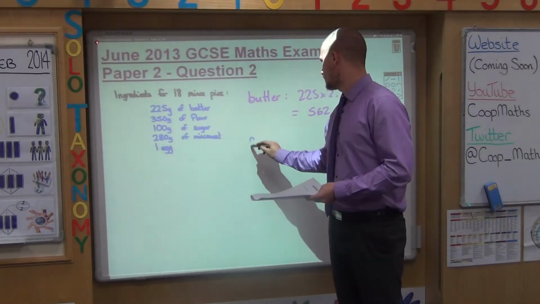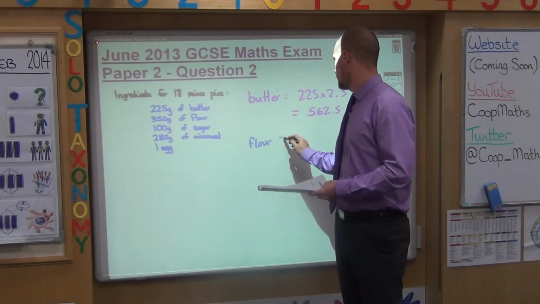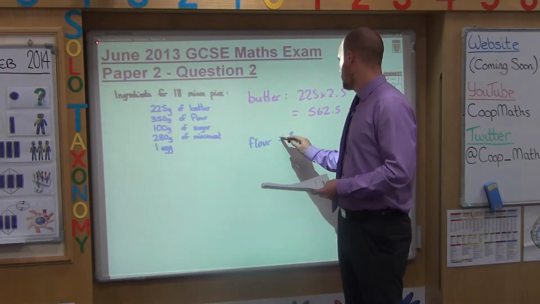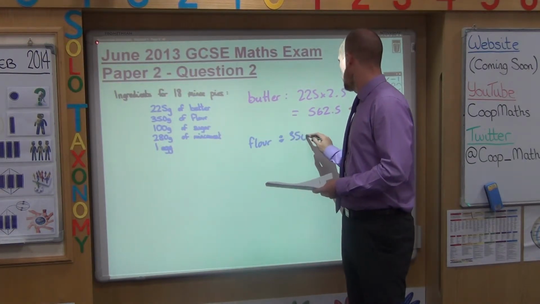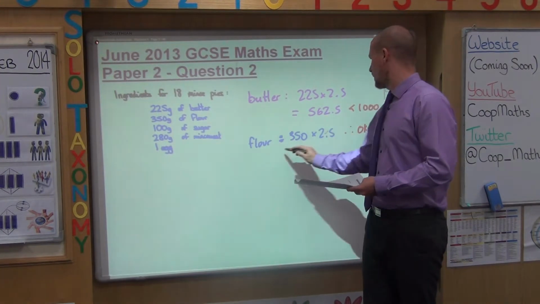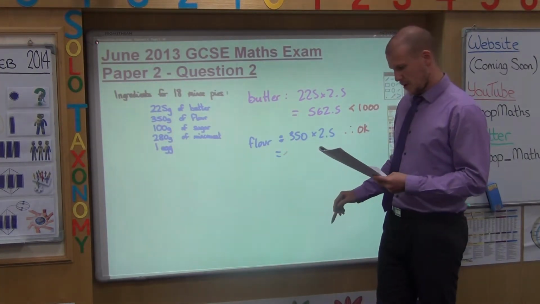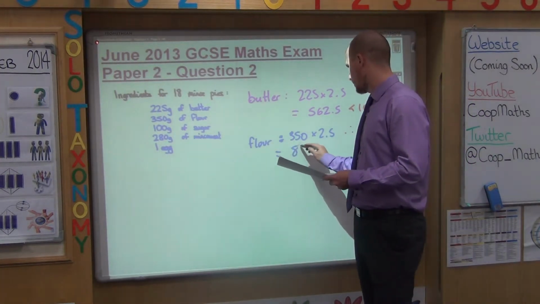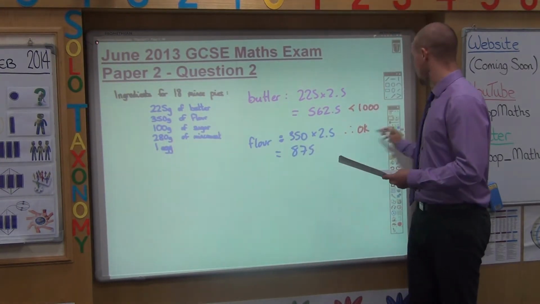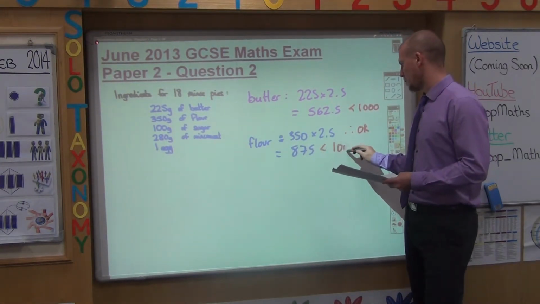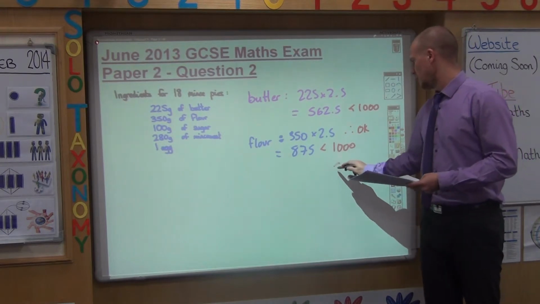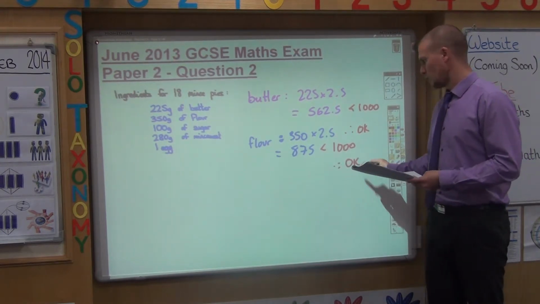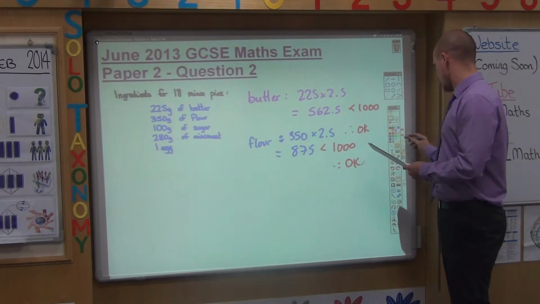Flour. 350 times 2.5 gives us 875. Again, this is less than the 1 kilogram or the 1,000 grams of flour you have. Therefore, okay, so that's 2 down, 3 to go.